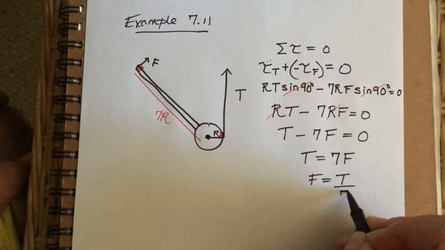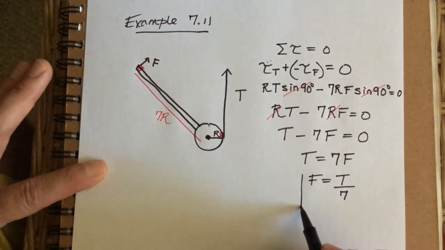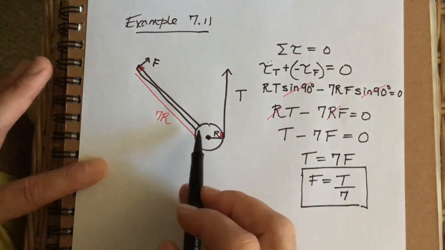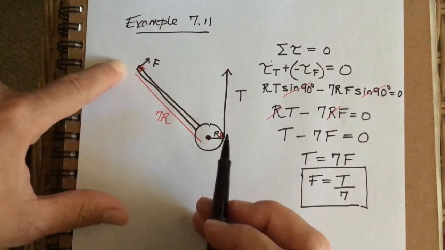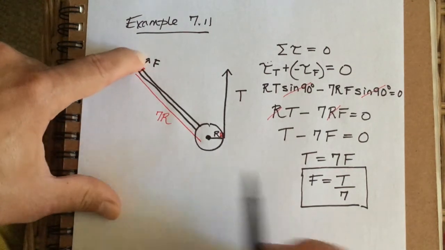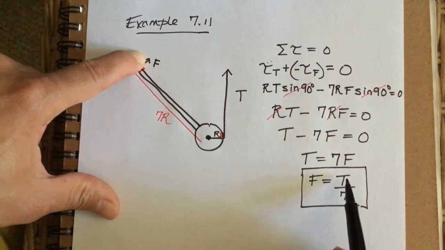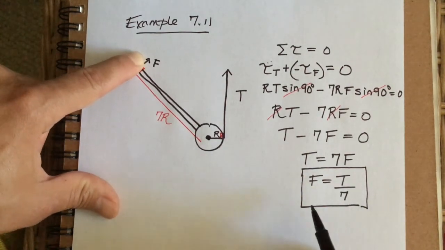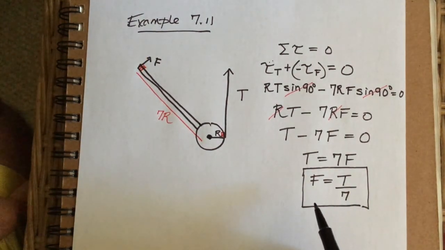So you might have this heavy anchor, but because the capstan has this long lever, you're able to push with a much smaller force, right? The anchor's weight, or the tension, divided by 7 to pull the anchor up. So that's pretty neat. This is a way to get mechanical advantage, right?